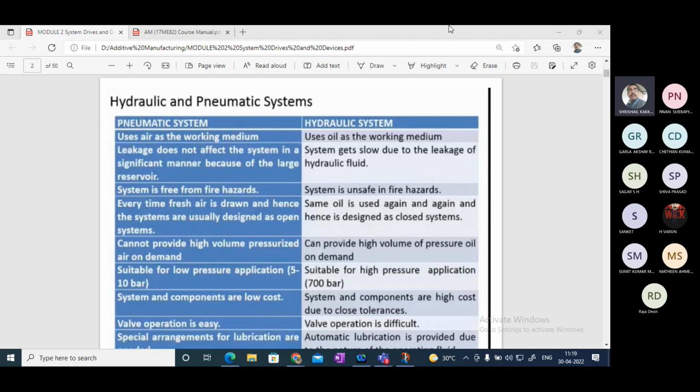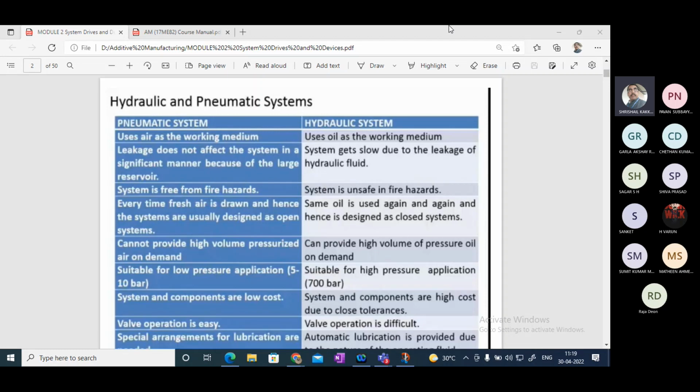Always there will be a hissing sound. The pneumatic air will be leaking, and however much you try to avoid it, we cannot avoid the leakage of pneumatic air. So the effect is not much, and there will be a slight pressure drop, which will be compensated by having a higher capacity reservoir of compressed air.